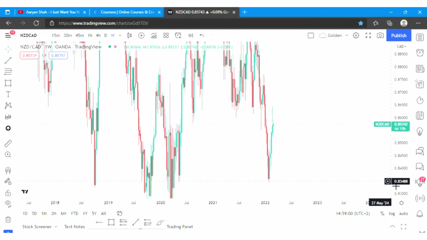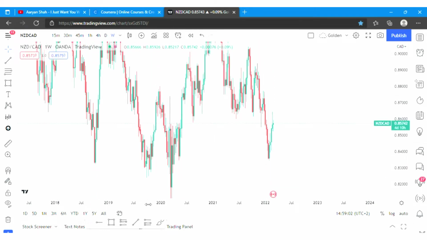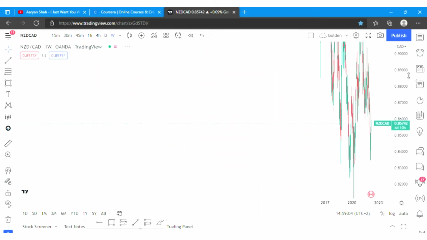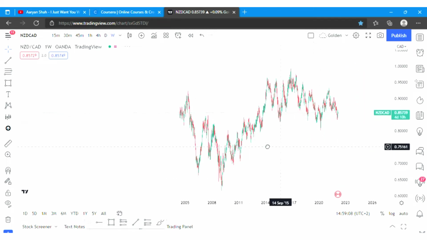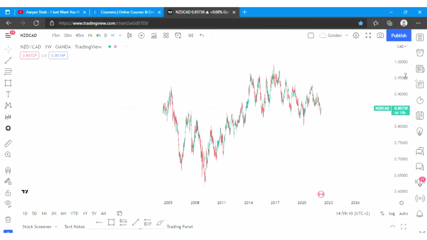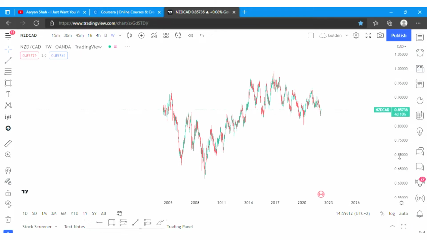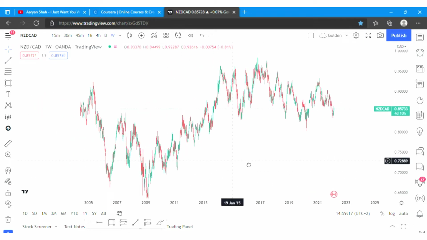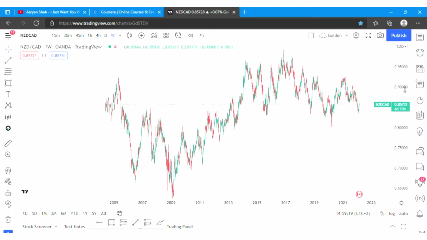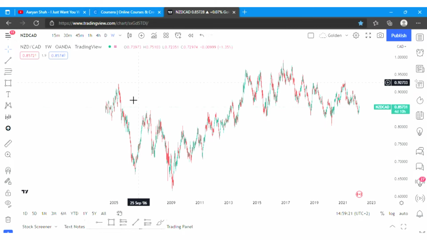in the near future. So here we're on the weekly, and here on the weekly we can already see how the market was moving. This is the overall movement of this market. This is where NZD started formulating, started its own movement.